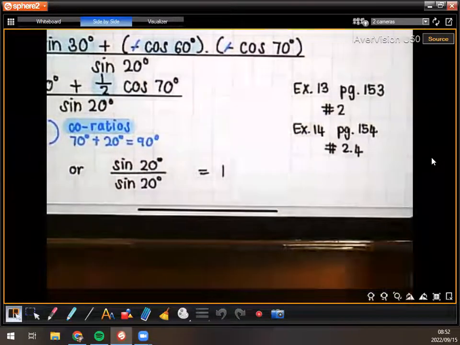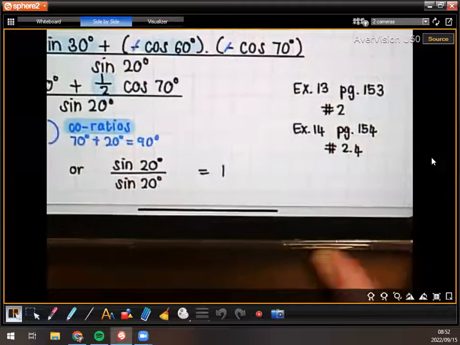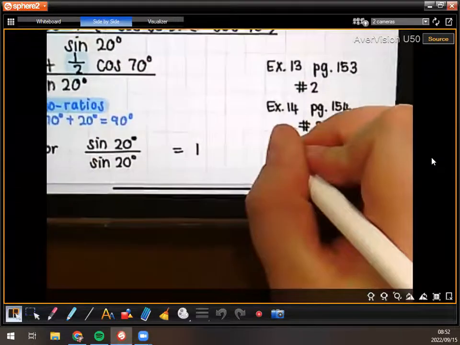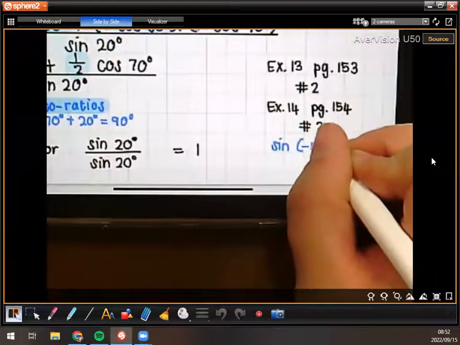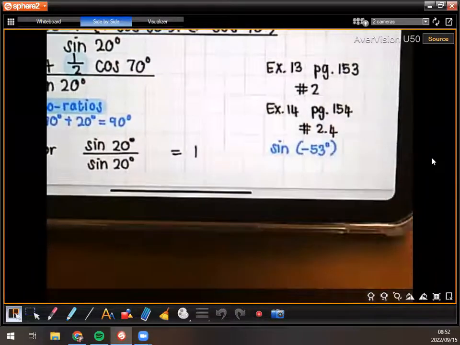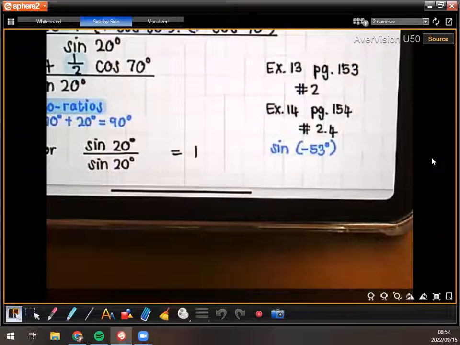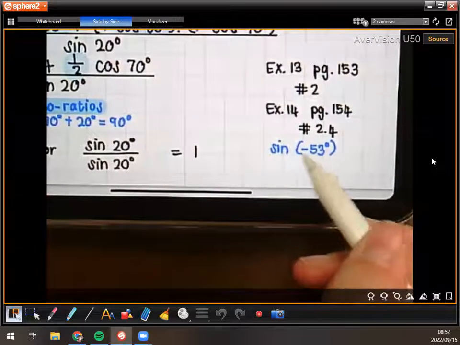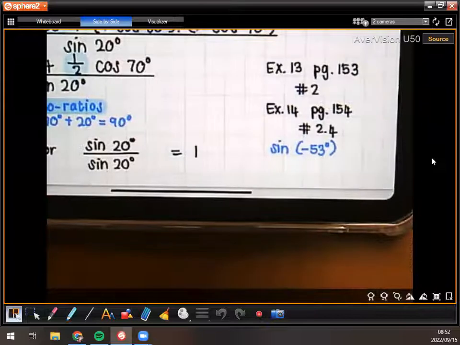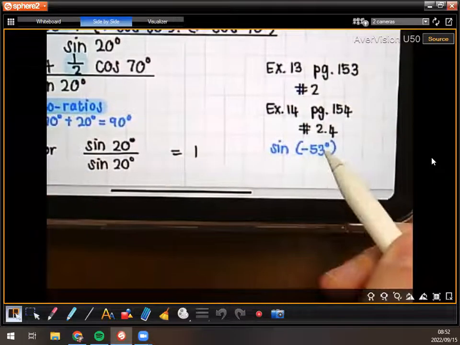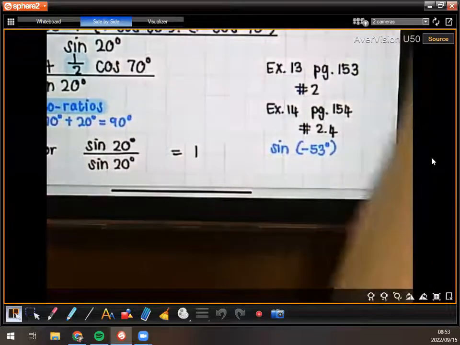Now guys, in 2.4, one of the ratios that you need to work with is sine of negative 53. Now you don't actually have to write that with any brackets or anything, like a 180 minus or 180 plus, because what quadrant is negative 53? It's in the 4th quadrant.